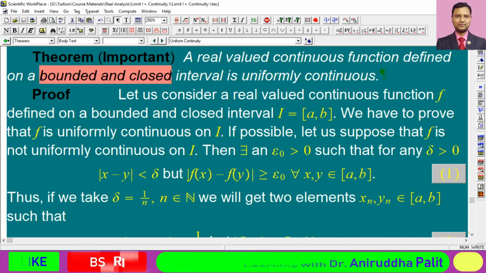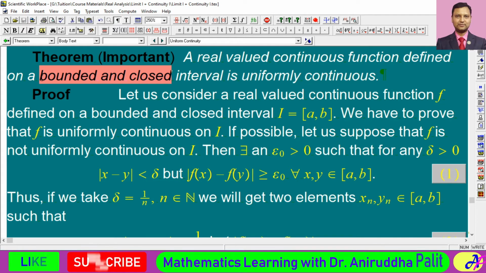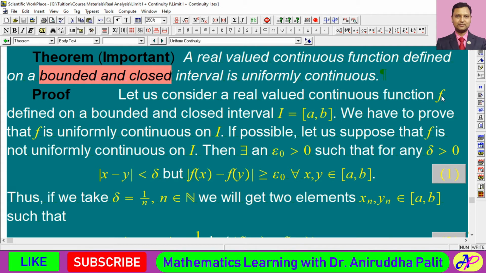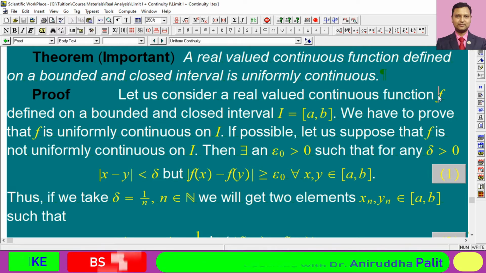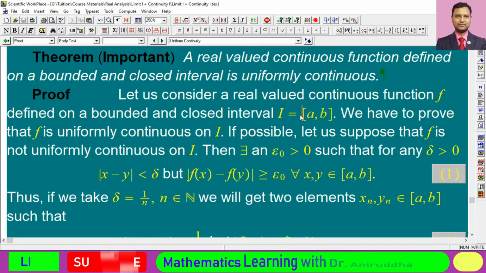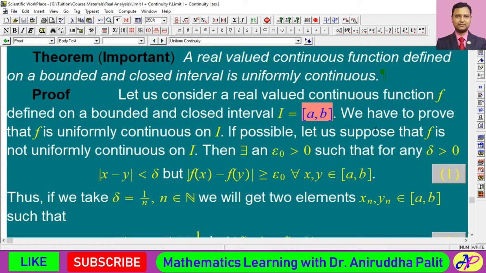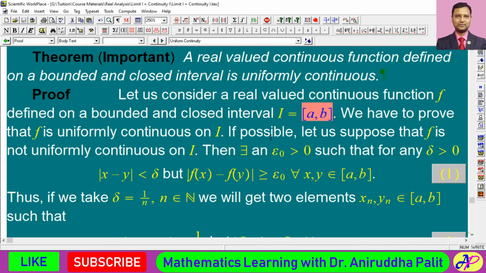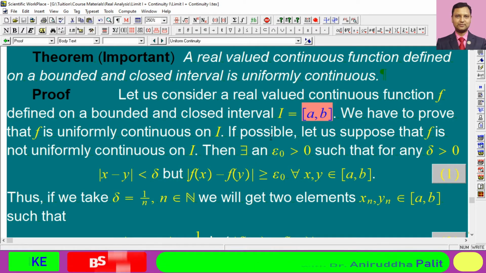We are going to prove that if a continuous function is defined on a bounded and closed interval, then it is uniformly continuous. So over here we assume that the function f is continuous on this bounded and closed interval I, and we suppose that I is equal to the interval AB. We have to prove that the function f is uniformly continuous on this interval I.